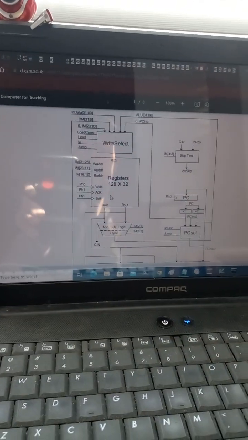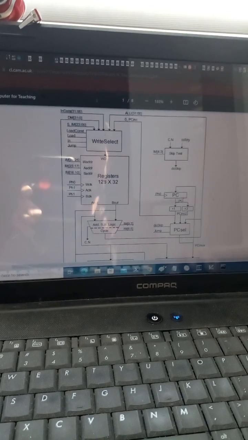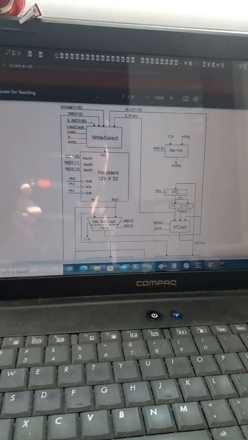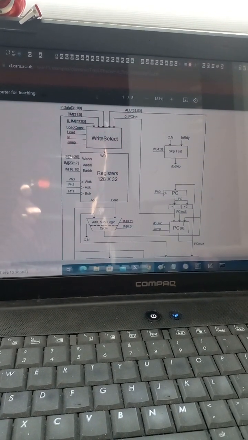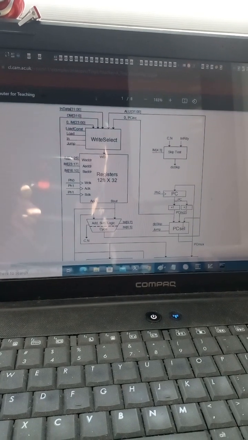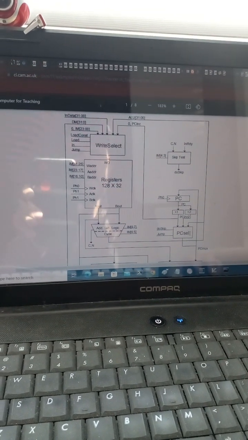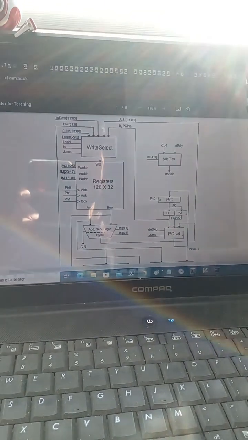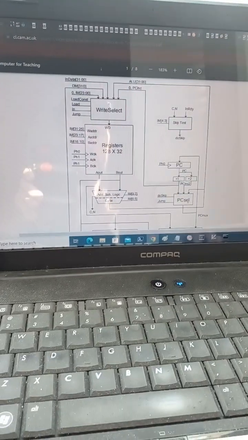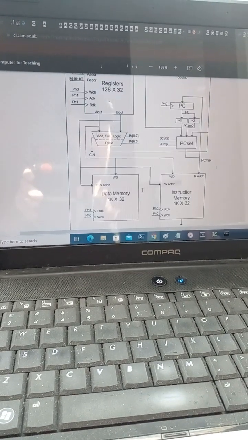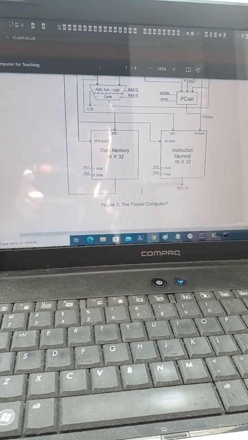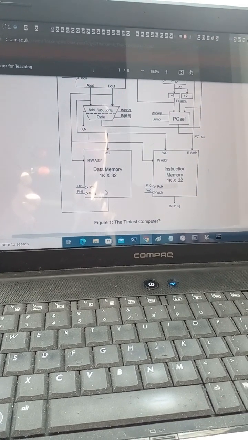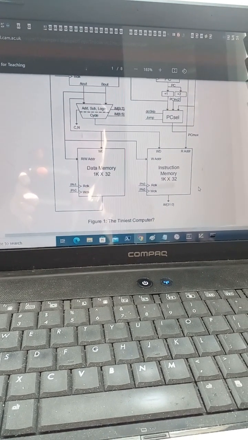Wow. The program counter. Some external memory.